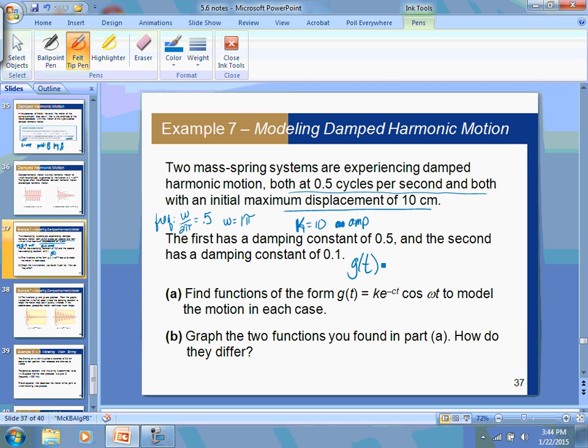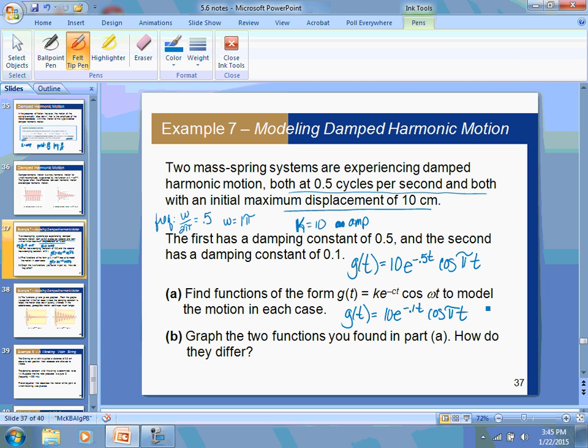We'll have g of t equals 10 was our constant times e to the negative, let's just do 0.5 first, t, and then it'll be the cosine of 1 pi, or just pi, times t. So that's one equation. The other equation I'll write down here, g of t equals 10 times e to the negative 0.1 t cosine pi times t. So those would be our two equations.